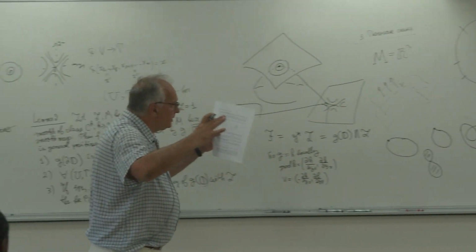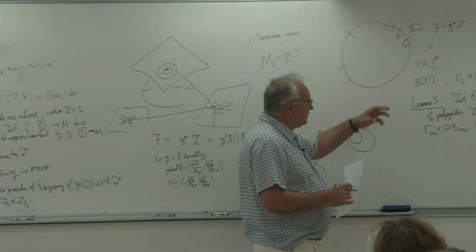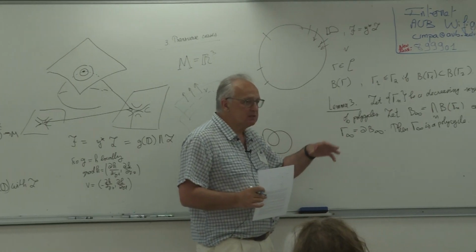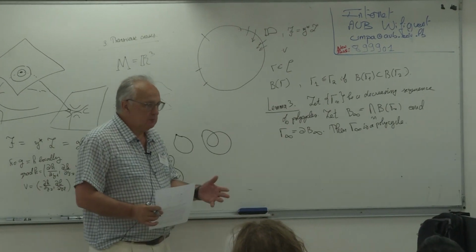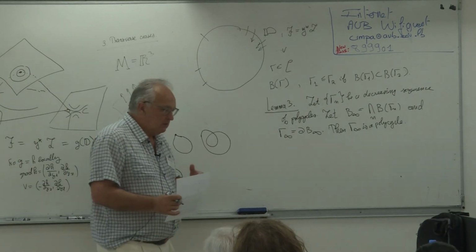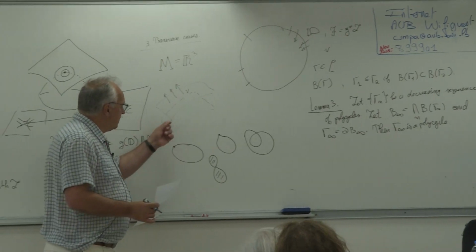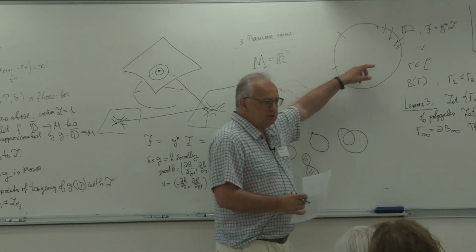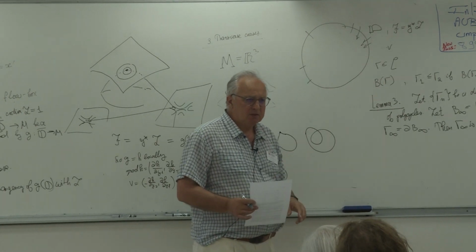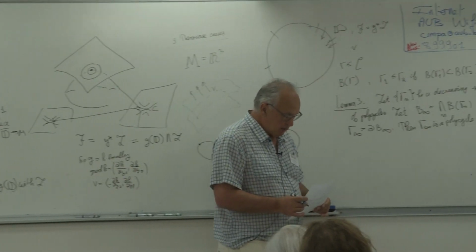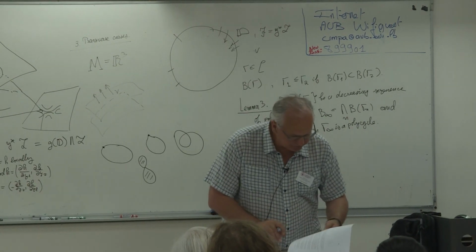So the intersection of a decreasing sequence of polycycles can be only a polycycle. On the first glance, this is almost obvious because you have some singular points here and you have very few possibilities to make a polycycle. But in fact, it's not as easy, and the proof is again given in my lecture notes. Okay?